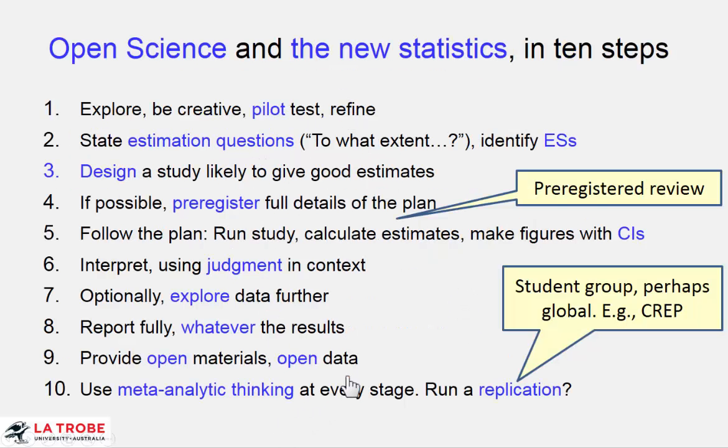I won't go through it yet one more time, but we mentioned just a couple of very recent developments, and there will be more. They're coming out month by month. One was pre-registered review. The idea is when you get down to finishing step 4, you've got a terrific plan for your study, and you're about to do the real time and effort of running it, collecting data, and that's a good moment to get some expert input.